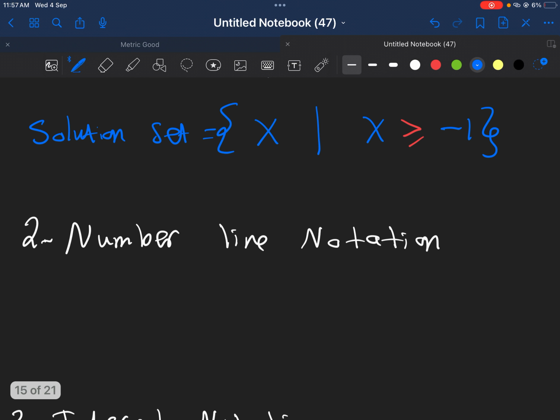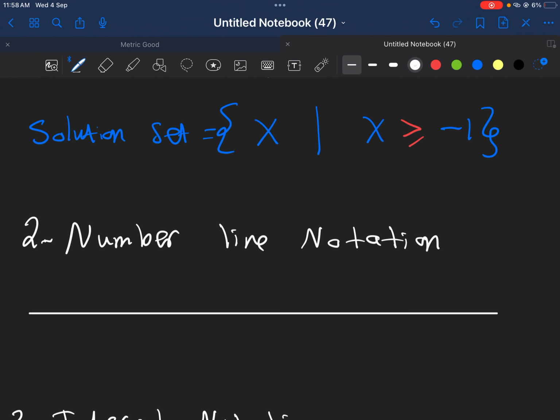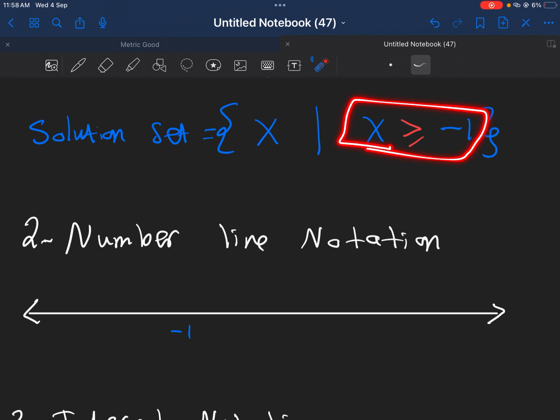Now, for the number line, we should analyze the situation a little bit. I have negative 1 here somewhere. Now, where do I shade? Do I shade this side or this side? Well, how do I know? It's written here. I want you to shade where x is more than negative 1. Where are the numbers that are bigger than negative 1?